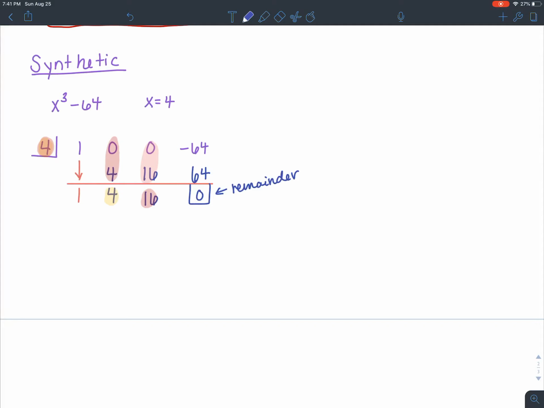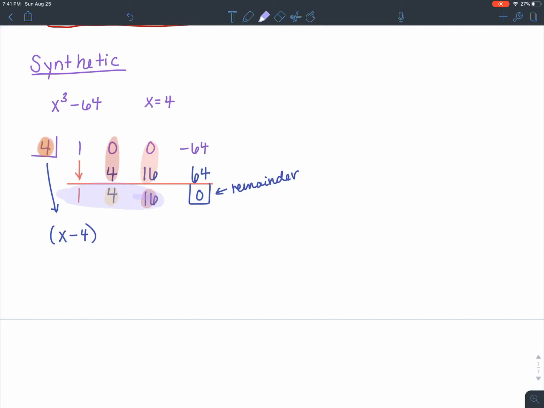All right, so the way to write this as a factor is x minus 4. That comes from right here. That equals 4, but to make it a factor, you have to move it back over. It's always opposite. Now, I'm going to use the numbers down here: 1, 4, and 16.